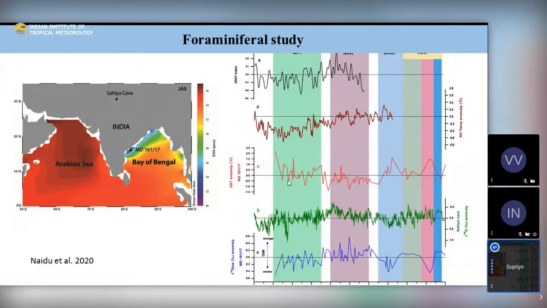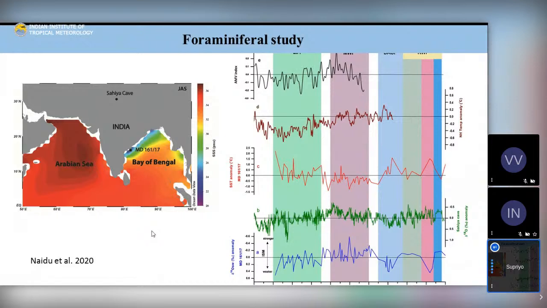This red line shows the SST anomaly based on their analysis of the foraminiferal records of this core, and this shows the delta 18O anomaly of this foraminiferal record. What they show, according to these authors, is that this record shows a very good resemblance with the delta 18O of the Sahiya cave, which I have discussed earlier.